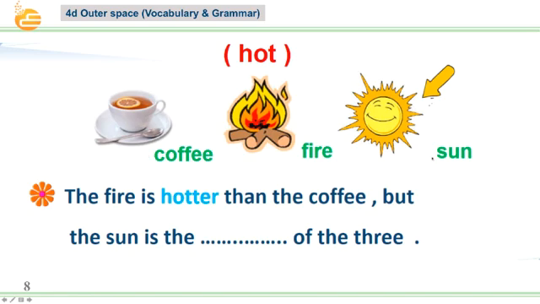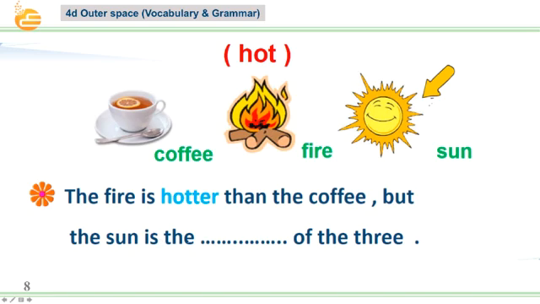Coffee, fire, and sun. The fire is hotter than the coffee. So I compare between fire and coffee. But the sun is the blank of the 3. So more than 2, we use the superlative. Here, 2 things, fire and coffee, we use the comparative, hotter.